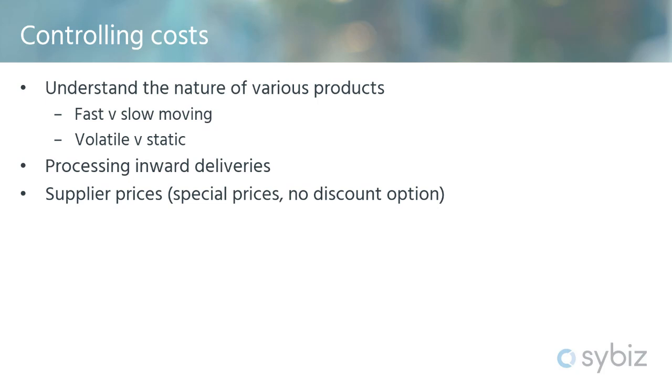And just for completeness, if you are used to using these, the customer special prices have the ability to set prices for items or discount percentages. Now, the reason we don't have a discount option in supplier special prices is that the discount would have a compounding effect.